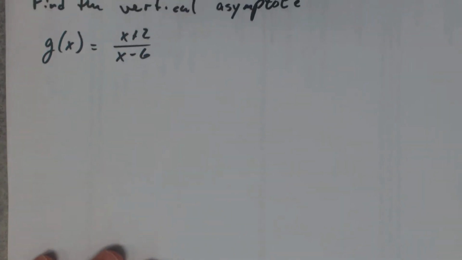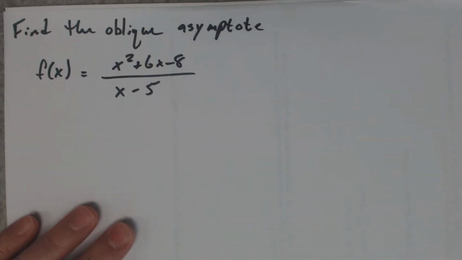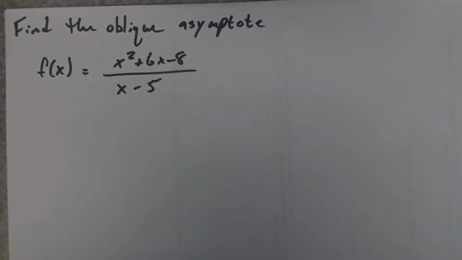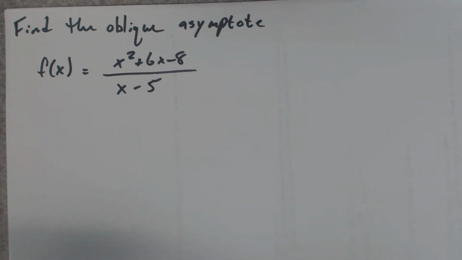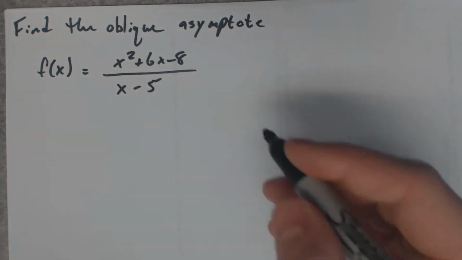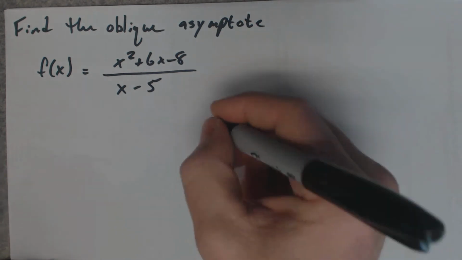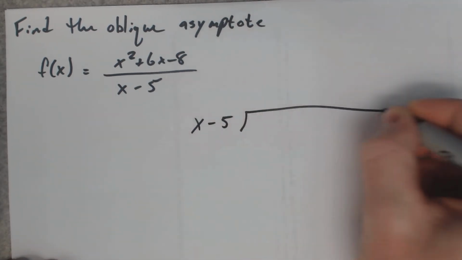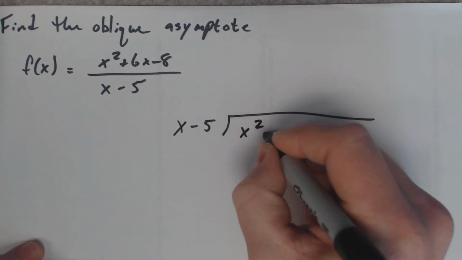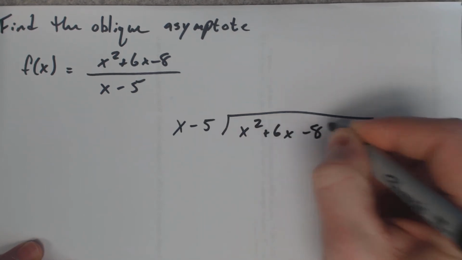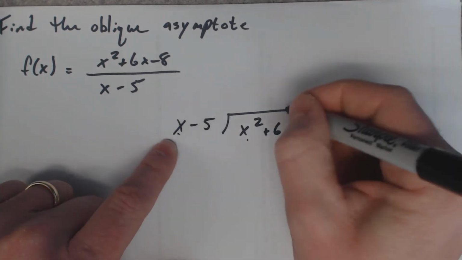But now, if the top is bigger by 1, it's an oblique asymptote. It's not a horizontal asymptote, it's an oblique asymptote. And to find an oblique asymptote, you just do a quick and dirty division. So how you turn an x into x squared, an x.